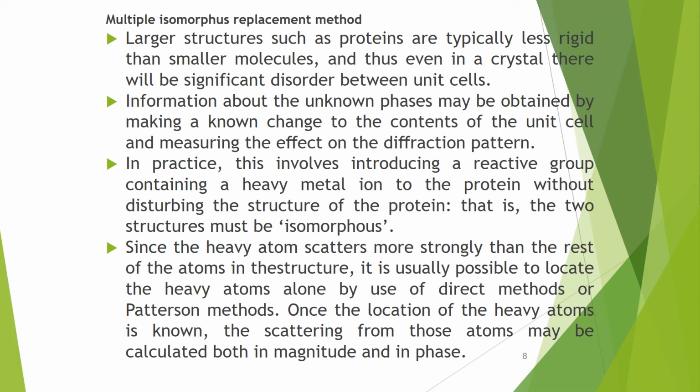Since the heavy atom scatters more strongly than the rest of the atoms in the structure, it is usually possible to locate the heavy atoms alone by use of direct methods or Patterson methods.